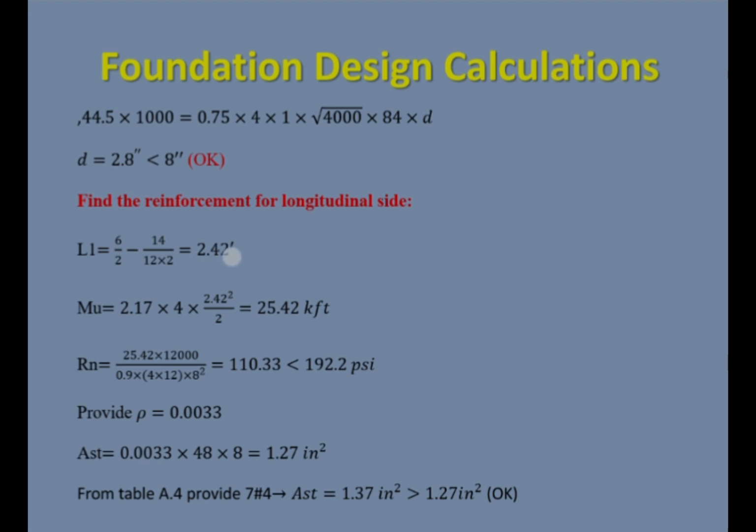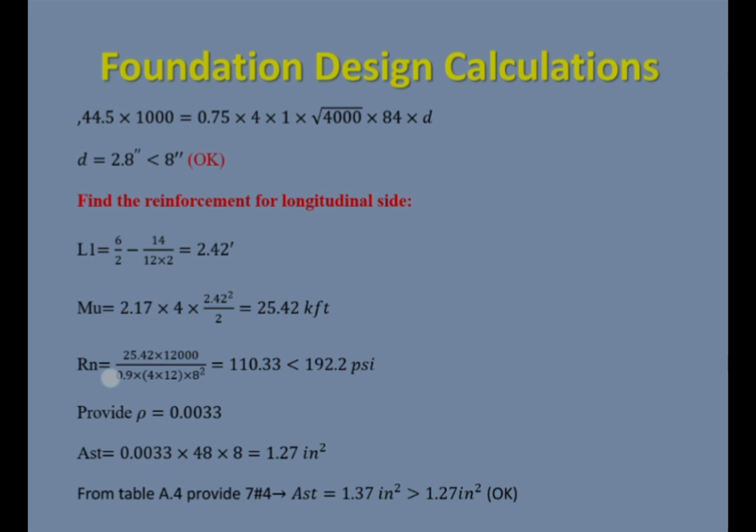So we are getting this L1. This L1 we multiply it by QU multiplied by the 4 multiplied by L1 to the power 2. This whole thing is divided by 2. Now we have the moment.